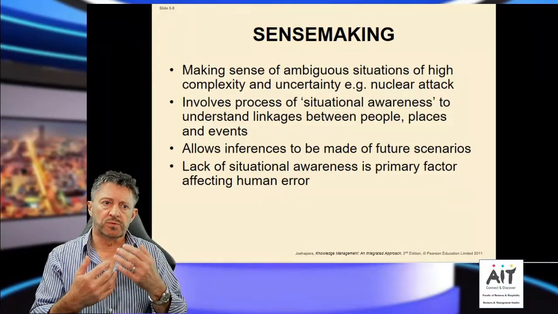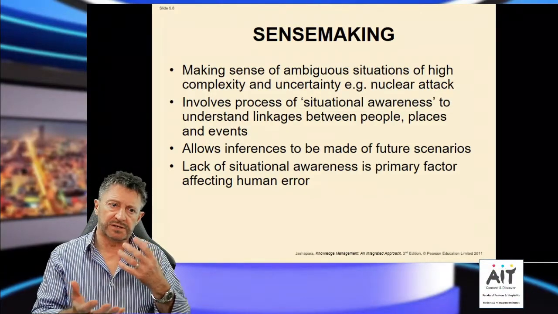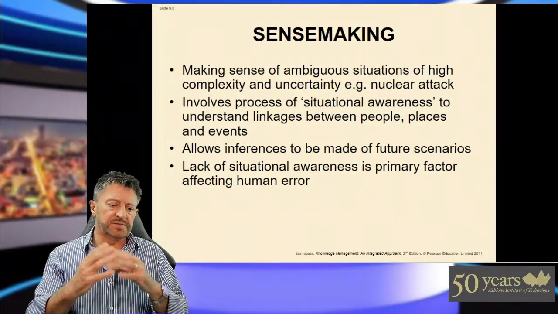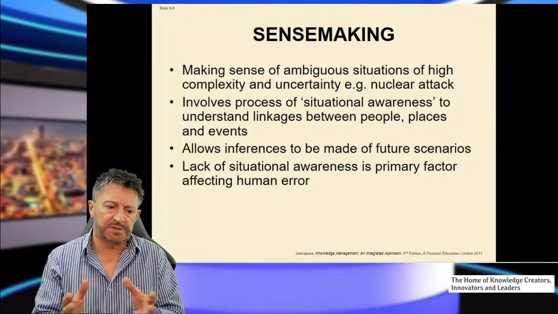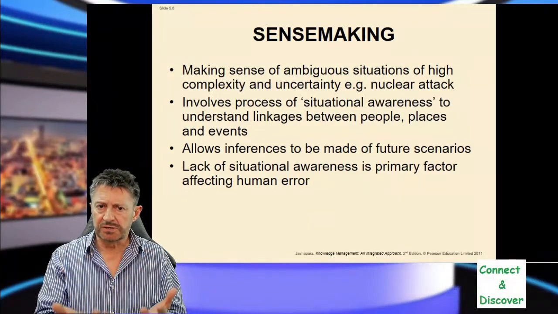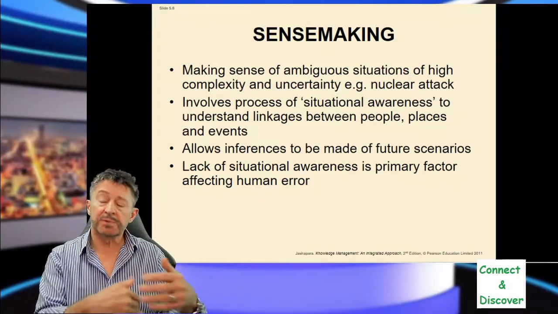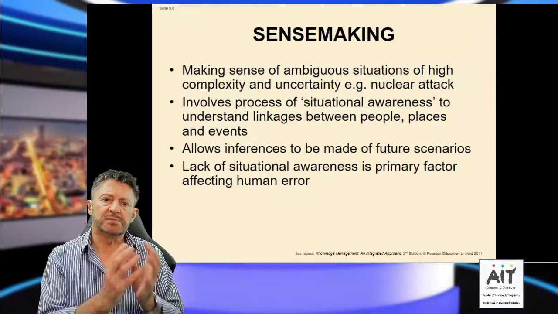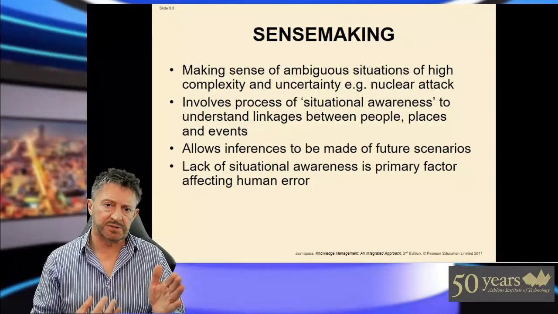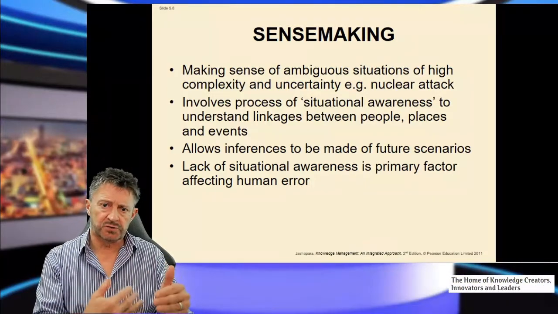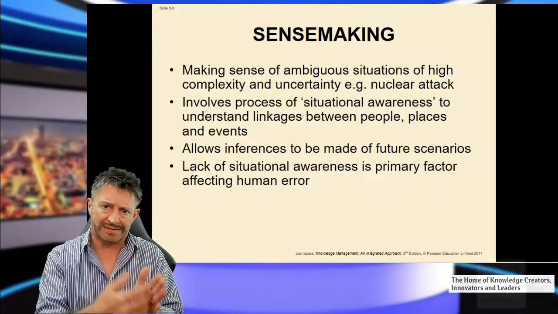So we understand, as I said here, the linkages between people, places, and events. An event that might have happened in your past experience might have some similarities to what's going on now, but there could be different players, could be a different company, but there are very many similarities, and we use that past experience to help us in the current situation to be able to be more active.